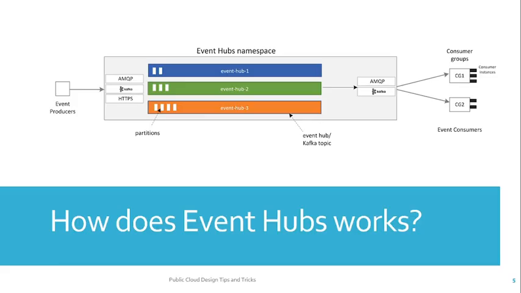Now, how does it work? As you can see here, Azure Event Hubs has three layers. One is the Event Producer, second is the Event Hub Namespace, and third is the Event Consumers. The first part is the Event Producer, which can ingest data to an event hub using Event Hubs SDKs or any Kafka producer client.